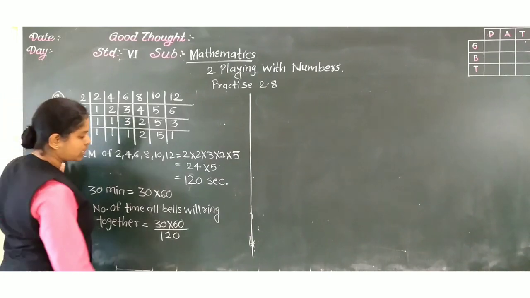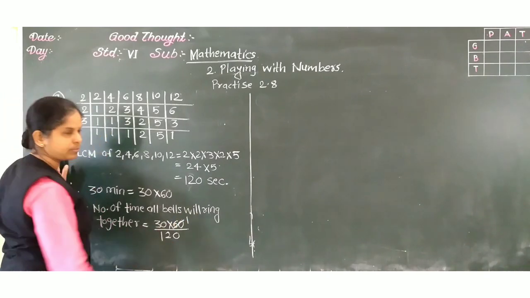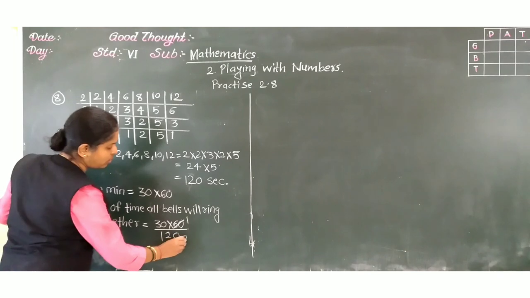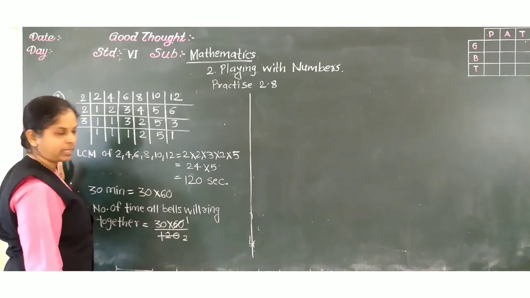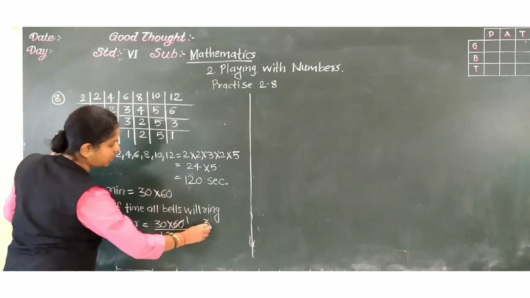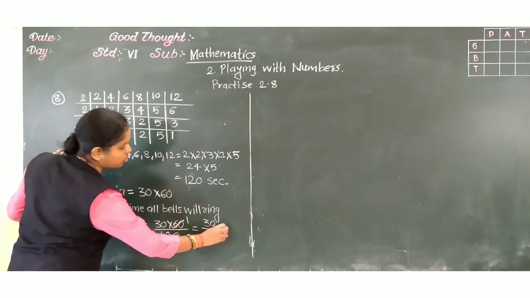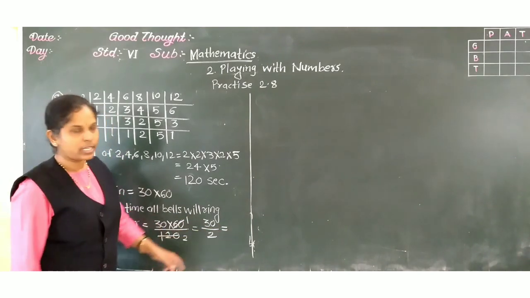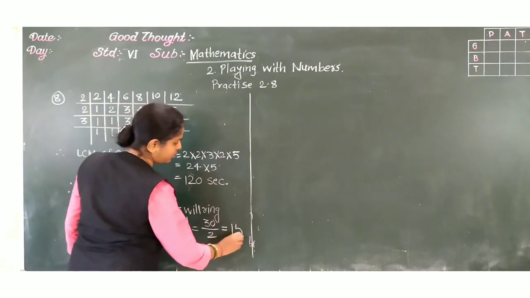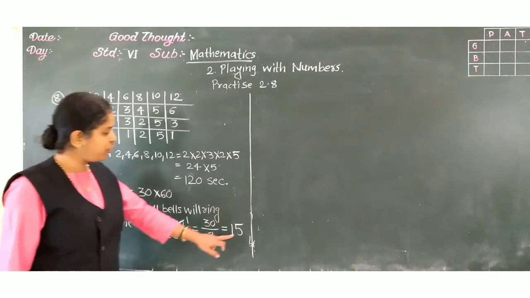Correct? Now 6 1s are 6, 6 2s are 12. So 30 remains on top and 2 remains below. Now 30 divided by 2, the answer is 15. Correct? 15.